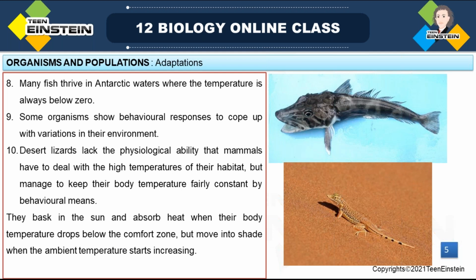They can manage the body temperature by behavioral means. We said there are morphological, physiological and behavioral adaptations. So in the case of the desert lizard, they are managing the body temperature by behavioral means.